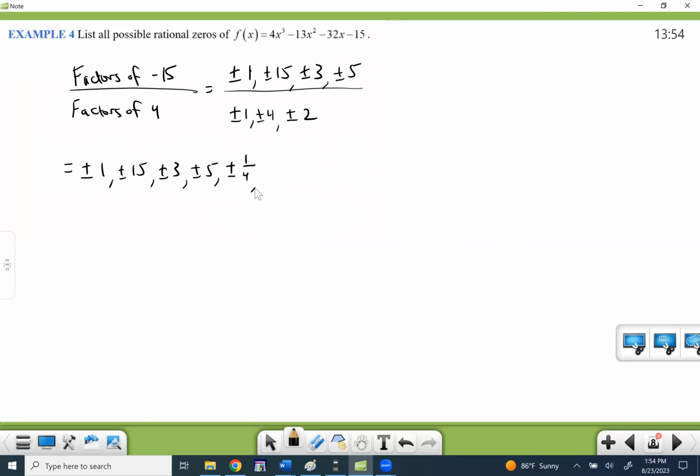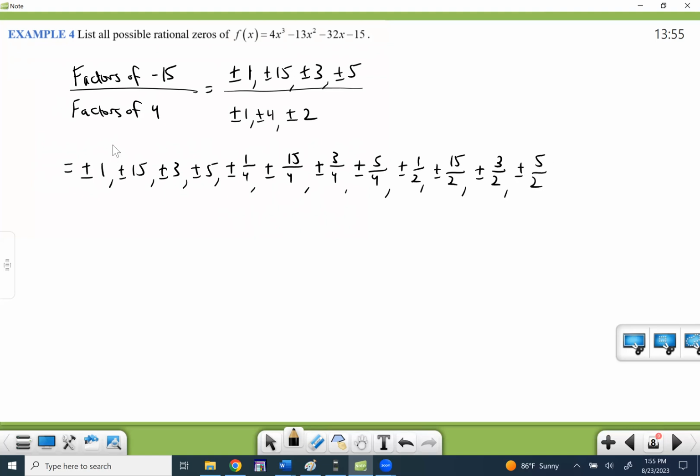So 1 over 4, 15 over 4, 3 over 4, 5 over 4. Now we have to stack them all on top of 2. So 1 over 2, 15 over 2, 3 over 2, and 5 over 2.